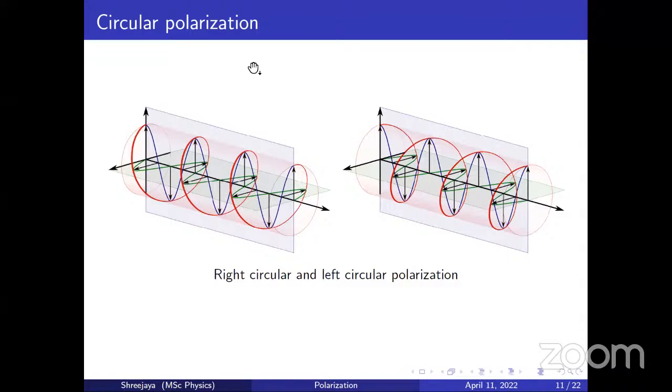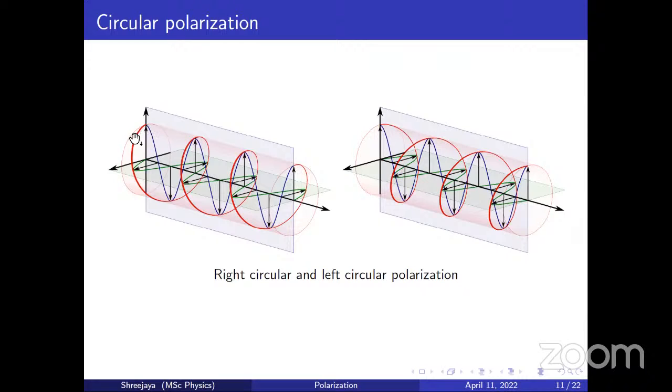Next are the types of circular polarization. You can see two planes here. One is in blue, the other one in green. You can see the blue electric field component and then the green one.